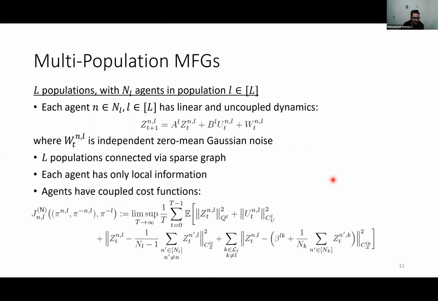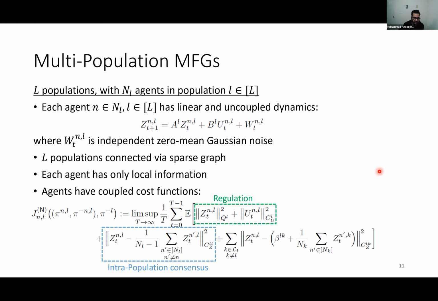Now the cost is a bit more complicated, but very similar in form. The first couple of terms are, again, regulation terms. The third term is called intra-population consensus, where each agent wants to form consensus with the aggregate of other agents in its own population.